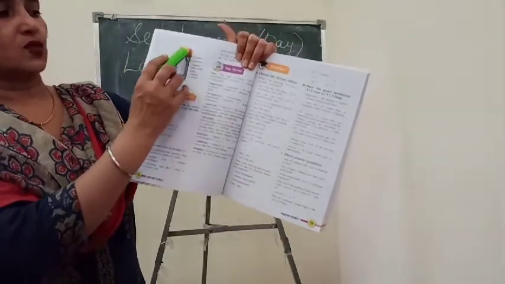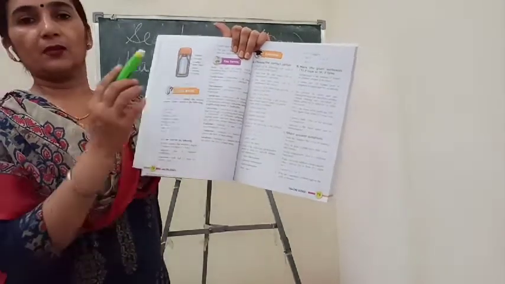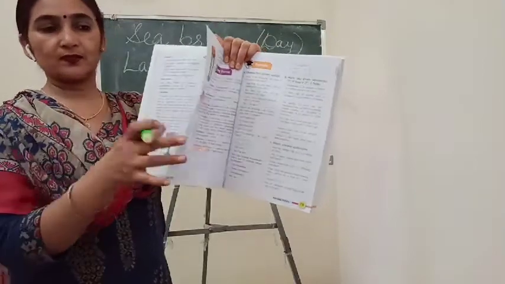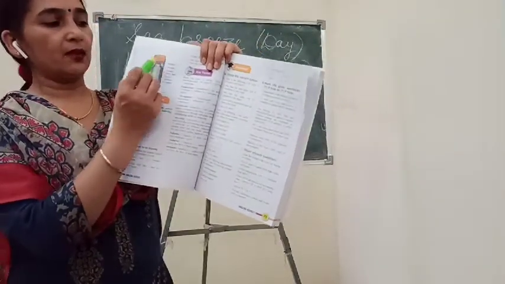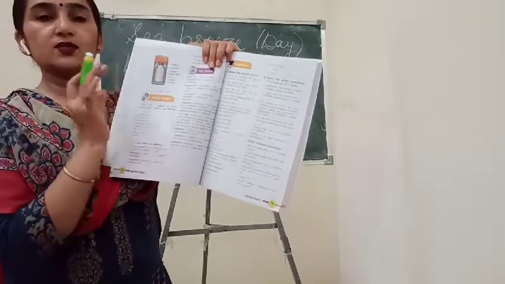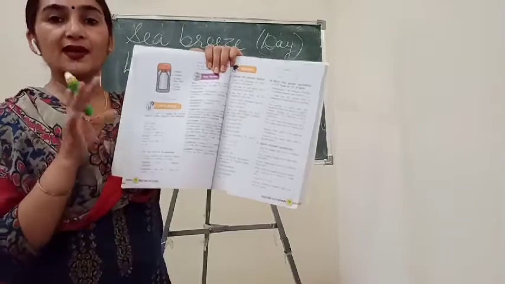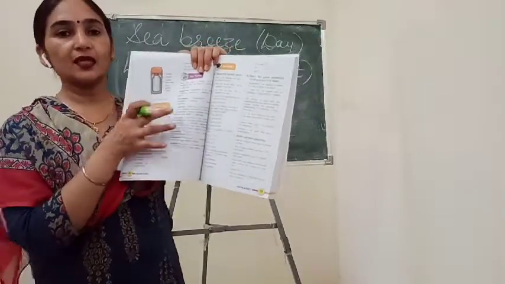The outer case is always made of insulators. When they prepare a thermos flask, the outer case, this cap and this outer body, is always made up of plastic material. You know that plastic material is an insulator.